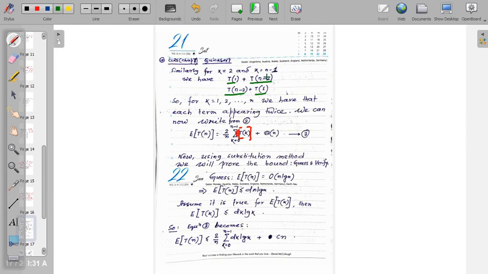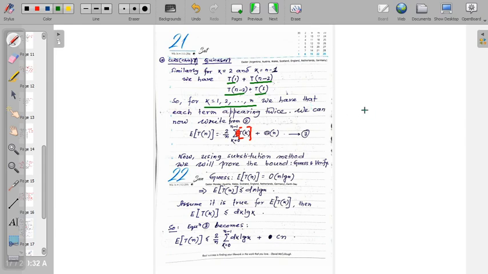Now what we can infer from this is that for k equals to 1 to n, each term appears twice. For k equals to 1, T0 is coming. For k equals to n, at the extreme end, T0 is again coming. So T0 will be coming twice.